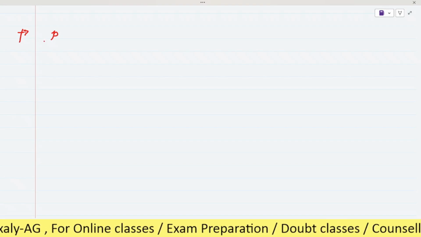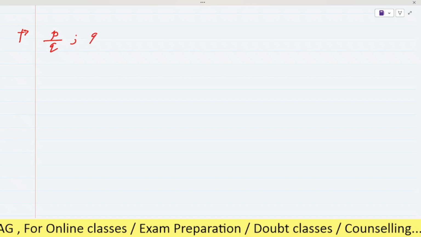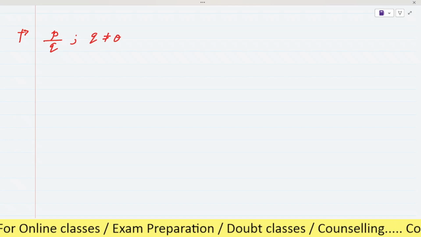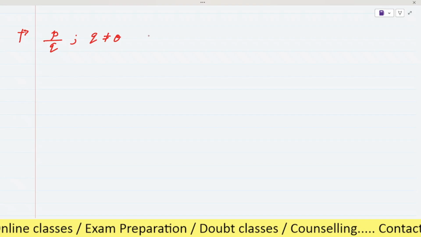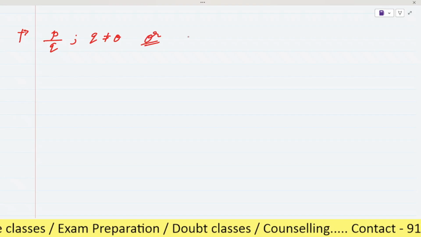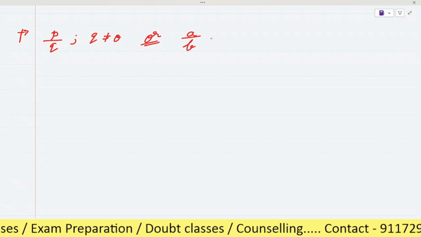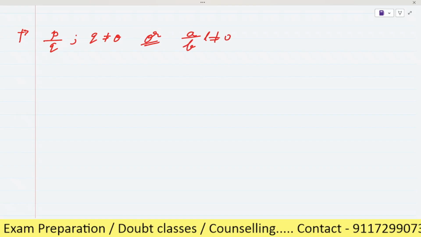So the general form was P by Q, where Q should not be 0. We learnt it yesterday, right? Or we can say A by B, where B is not equal to 0.